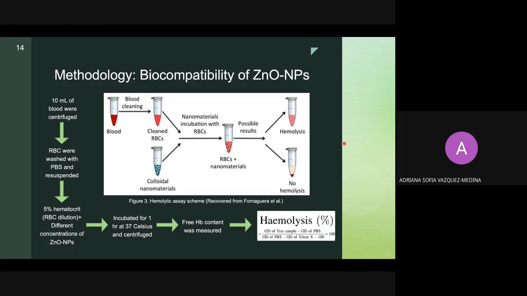They washed the red blood cells with a phosphate buffer solution, and they resuspended them. 5% hematocrit resulted, and to those dilutions, they added different concentrations of zinc oxide nanoparticles. Those samples were incubated for 1 hour at 37 degrees Celsius and centrifuged, whereafter the free hemoglobin content was measured. And the formula here depicted is the one they used to calculate the hemolysis percentage.